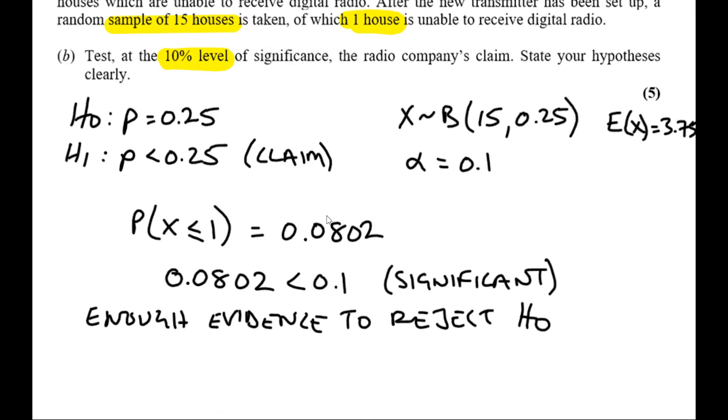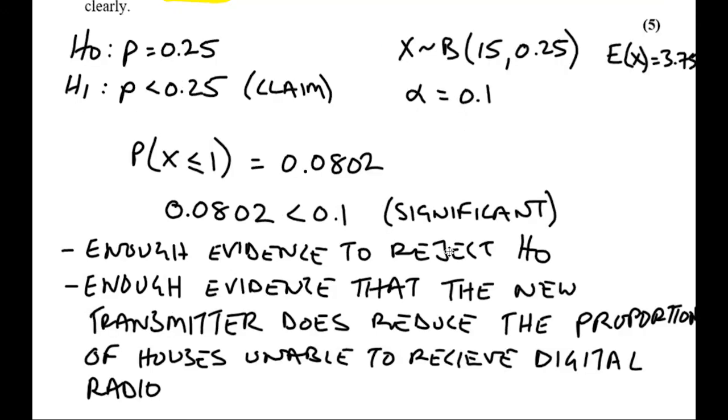Let's have a think about this in context. H1 was the company's claim, which was that their new transmitter would reduce the amount of people unable to receive the radio signal. H0 said that actually their transmitter would be exactly the same as previously thought. I'm rejecting H0, so I have my contextual conclusion.